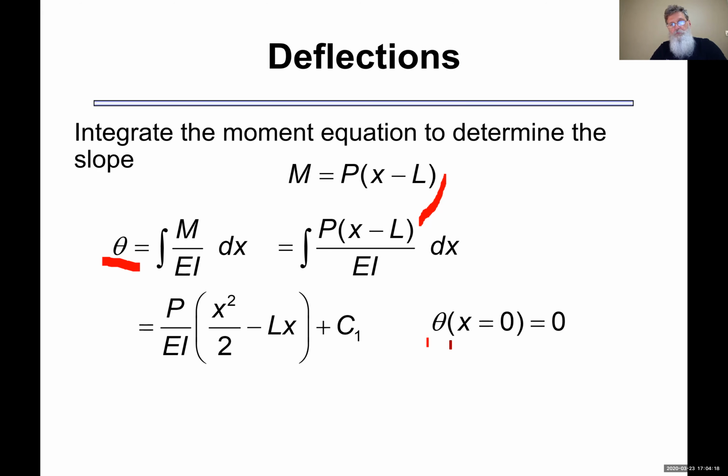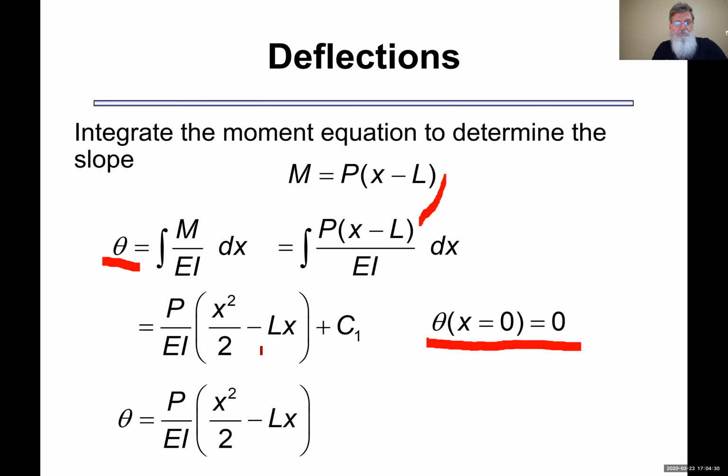Now this is not true for every problem. This is true for this problem. So now I can plug in x equals 0 here and force this whole expression to be 0. And when I do that, I find out that C1 is 0. So really C1 is eliminated. So now this becomes my expression for slope.